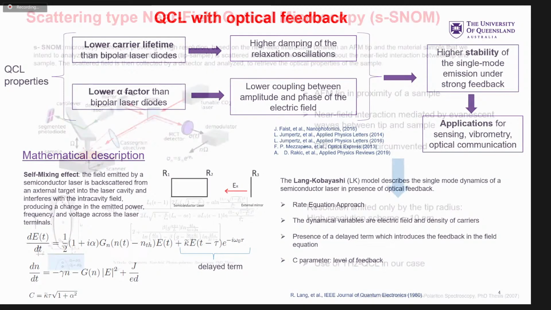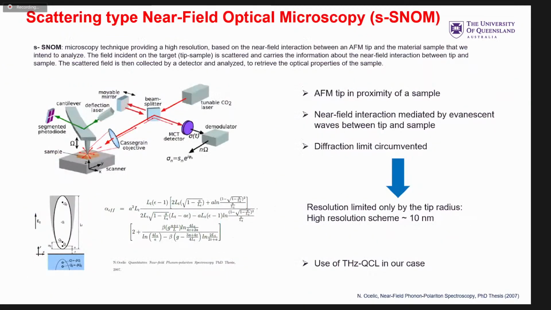The second element of the technique studied in this work is the scattering-type near-field optical microscopy, which is a microscopy providing a high resolution beyond the diffraction limit. And it's based on near-field interaction between an atomic force microscope tip and the material sample that we want to analyze. In particular, we are interested to retrieve the optical properties of this material sample.